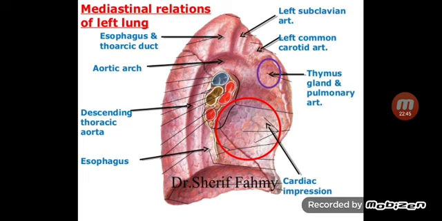From above, it is related to the arch of the aorta, and from behind, to the descending thoracic aorta. The descending thoracic aorta descends behind the root of the left lung, while the arch of the aorta crosses above the root of the left lung.